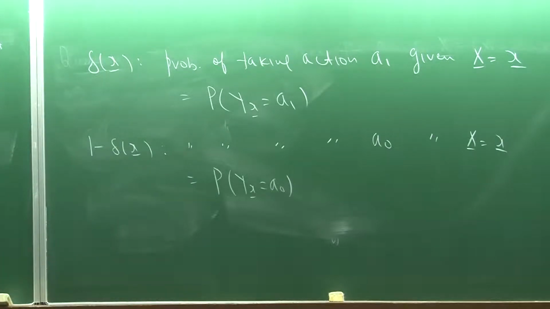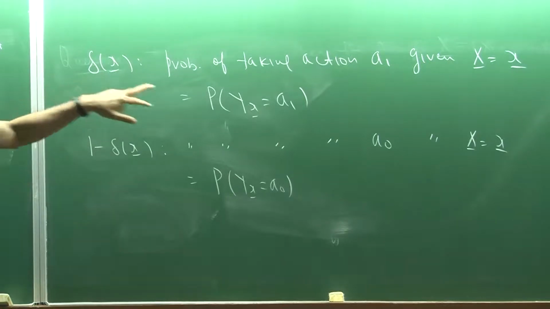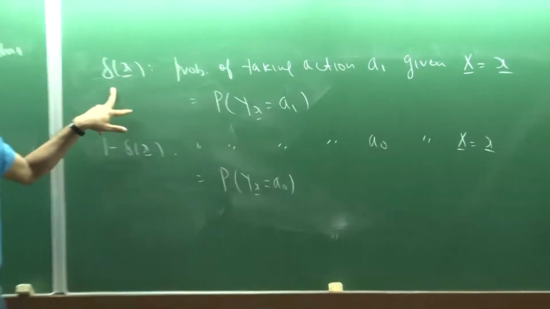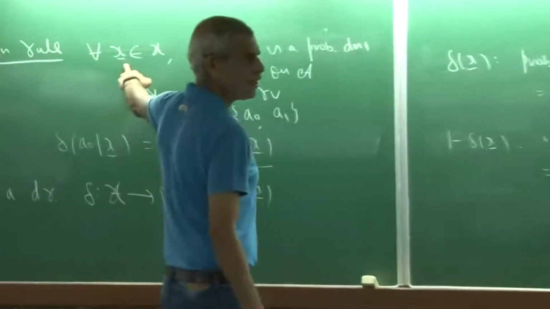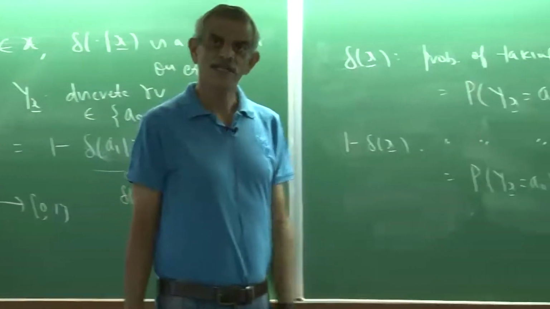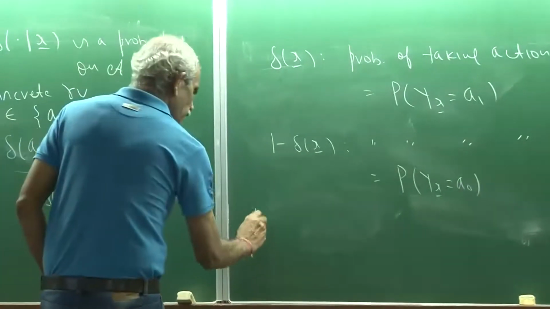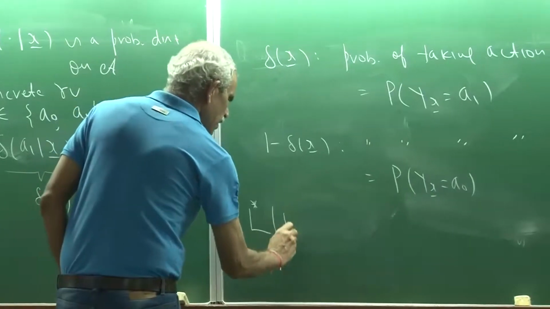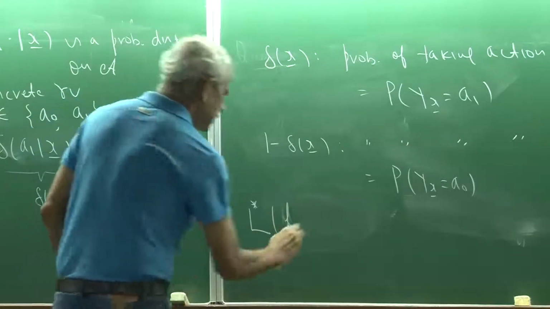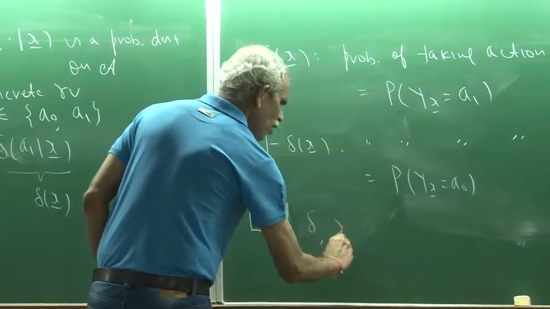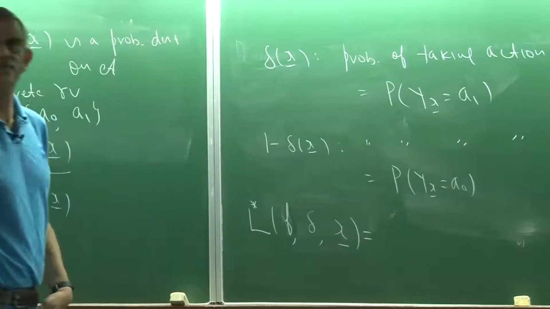So let us consider my risk function. For the risk function, first I have to consider two randomizations. One randomization is done by yx or the decision rule delta, and the second randomization is based on all possible observed values of the data. So let us first consider the first randomization. L star of theta, where theta is my f, decision rule is delta, and observed value of x is this. What is this?